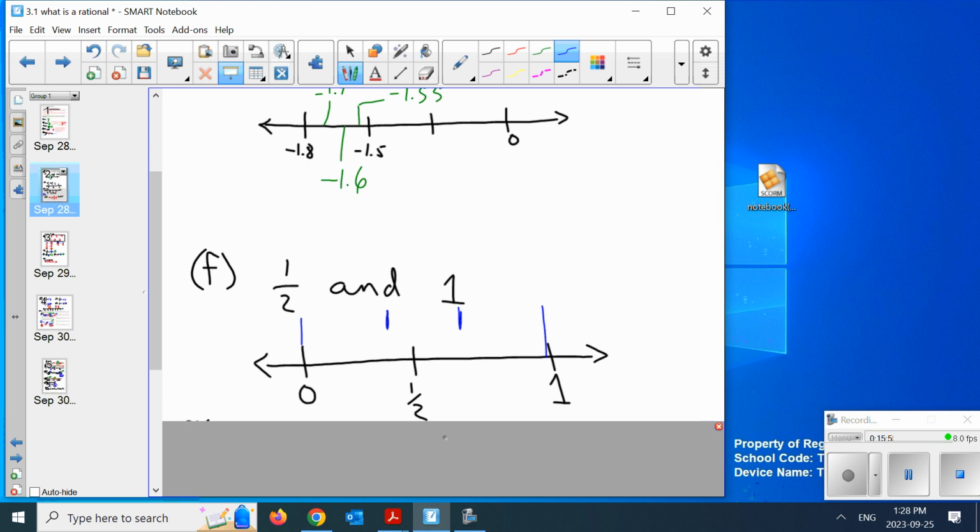The 2 out of 3 will be closer to the half. I only wanted to do this so I knew my number sense here, where it would fit. I'm going to just move those pegs here.